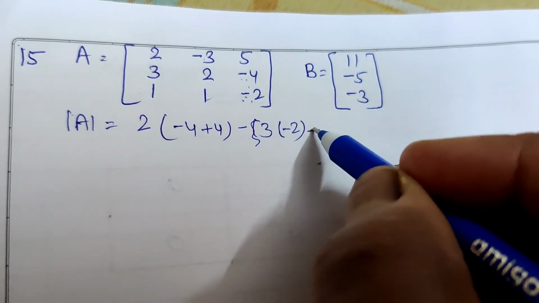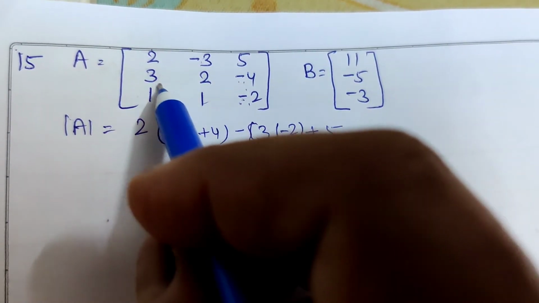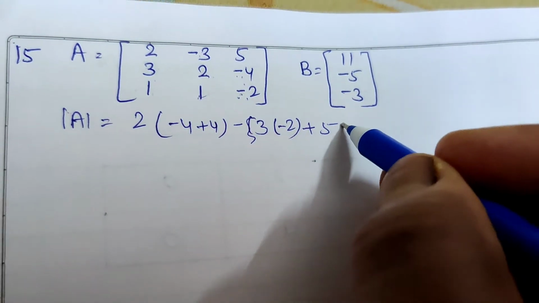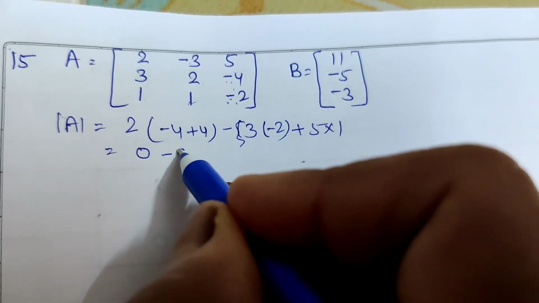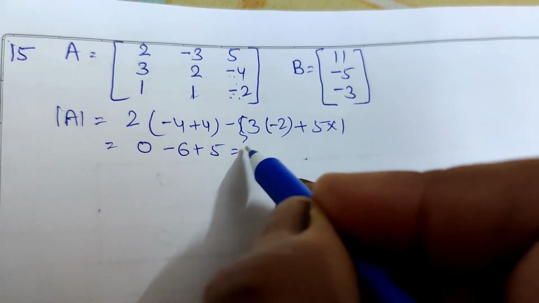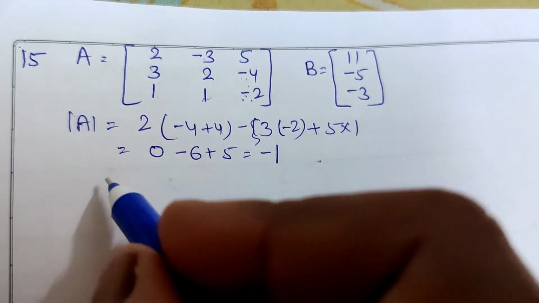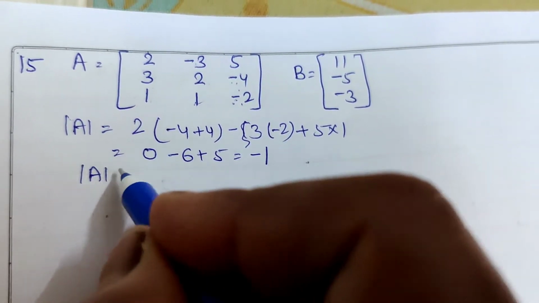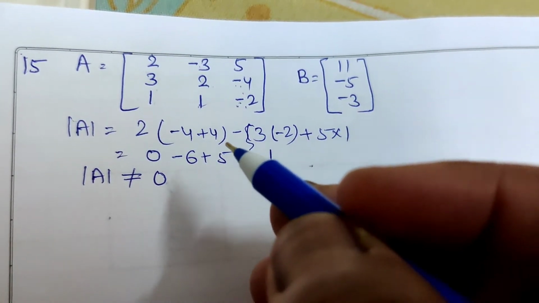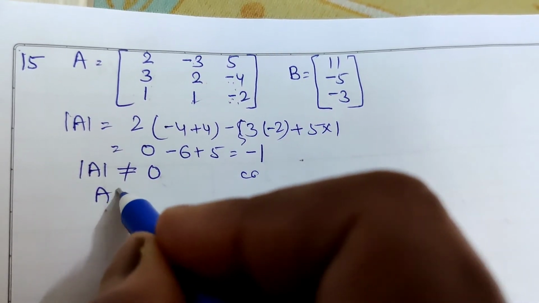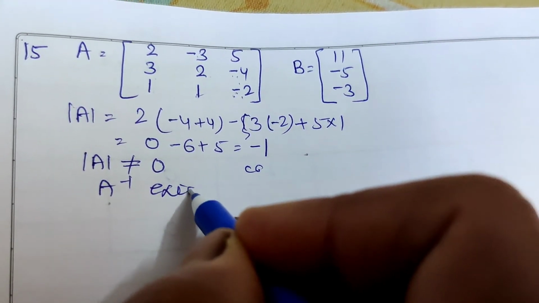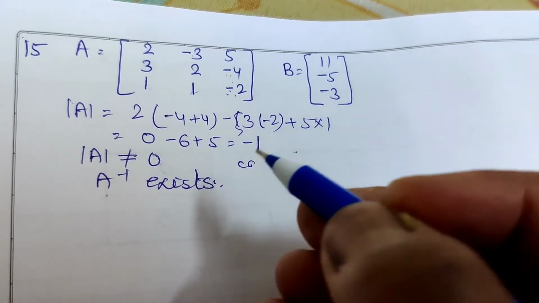And third, plus 5 multiplied by 3 ones are 3 minus 2, it is 1. 0 minus 6 plus 5 equals minus 1. Therefore, determinant of A is not equal to 0. The system is consistent. It means A inverse exists. Now find the A inverse.